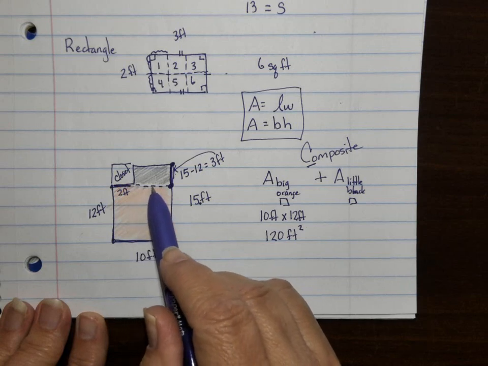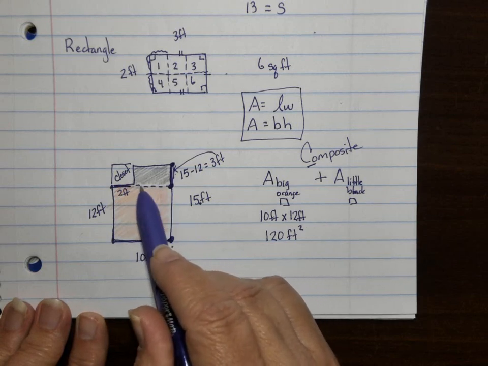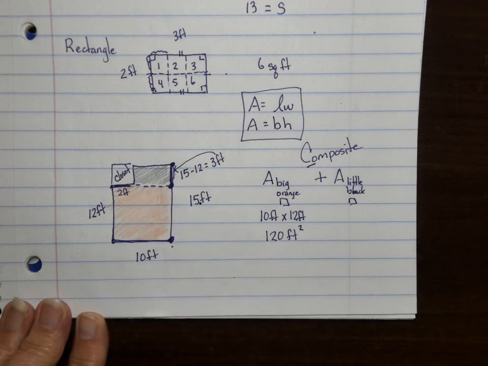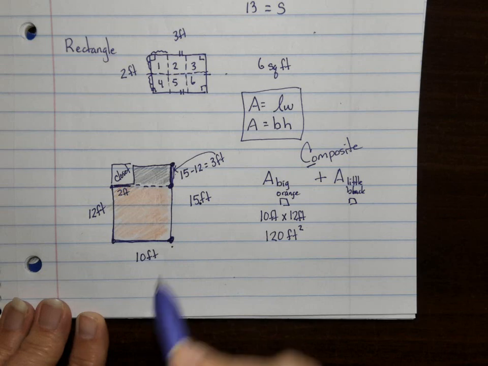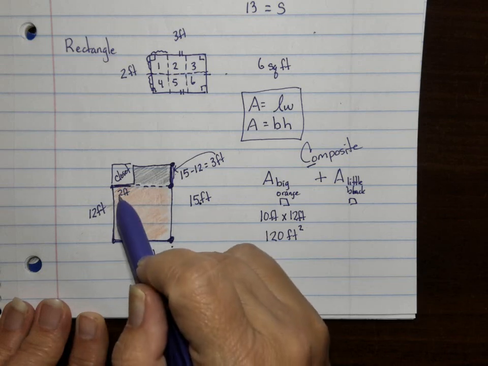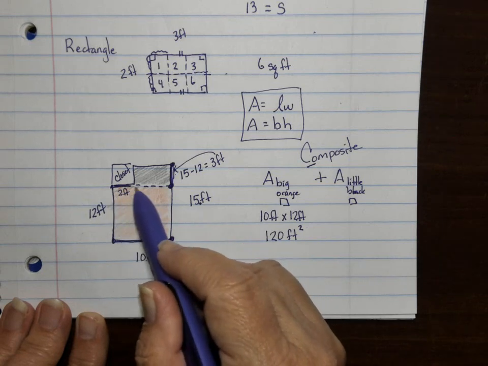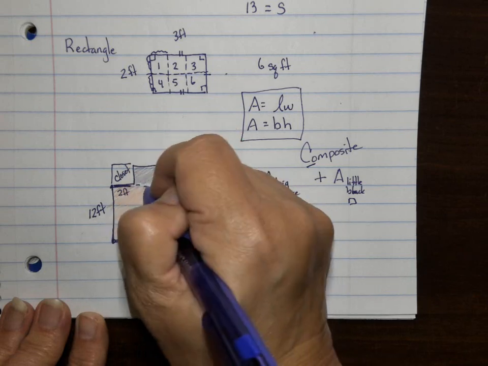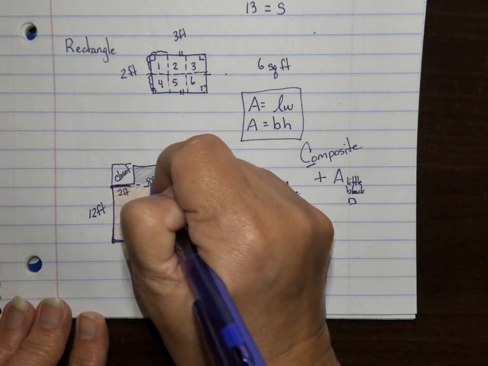Now how much is this black part? How much? Say it louder. 8. How'd you get the 8? 10 minus 2. Right? All the way across is 10. The closet is 2, so this part right here is 8 feet.